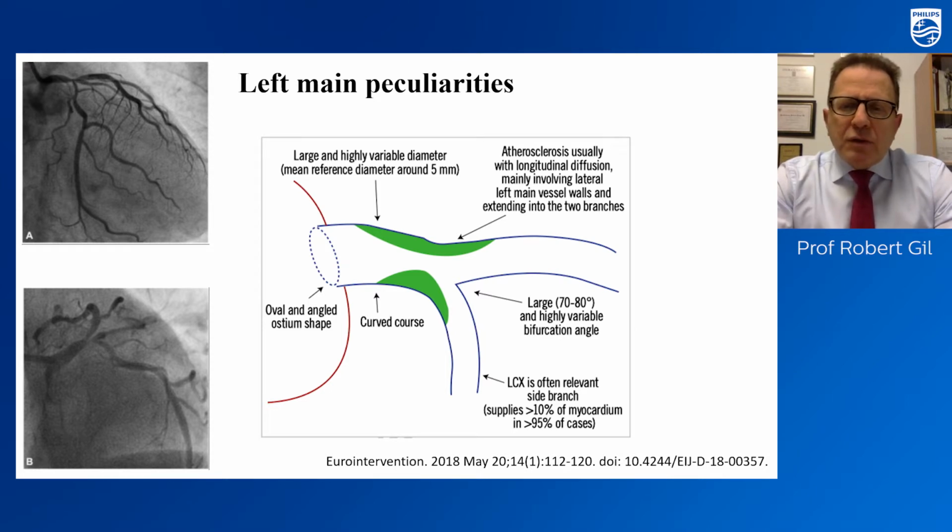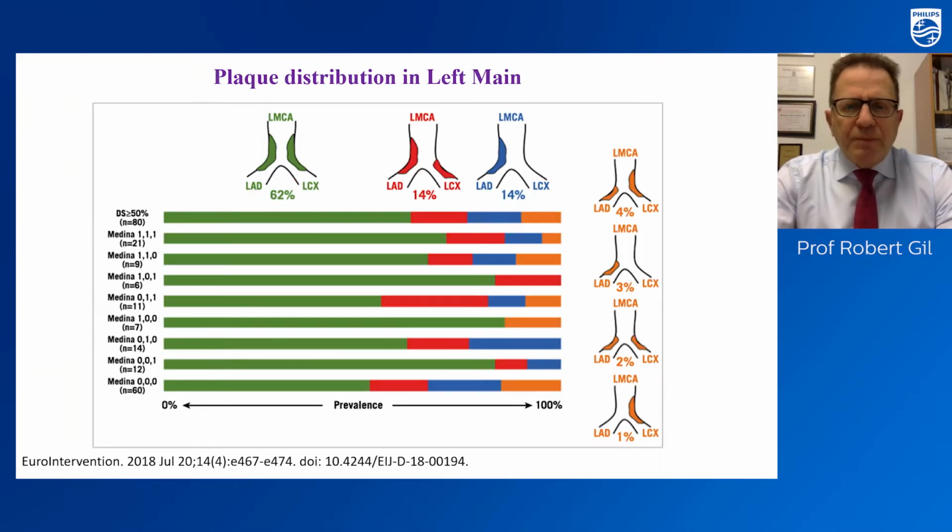There is a relatively large angle between the distal main vessel and the side branch. We also have to remember that in the majority of cases the circumflex artery, which is mainly a side branch, is very important in terms of the magnitude of myocardial blood distribution.